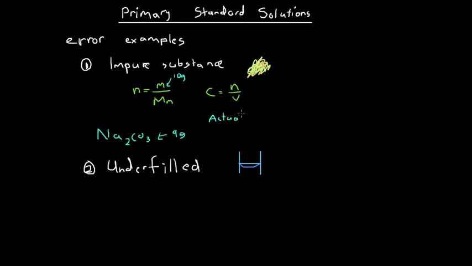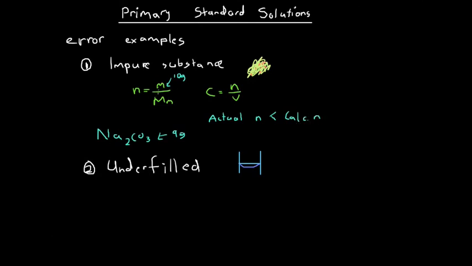Keep in mind that when we're looking at errors, we're basically comparing the actual concentration to the calculated concentration. Here we've used 10 grams in the calculations, however we should have used 9 grams. So the actual mole is going to be less than the calculated mole. Why is that?